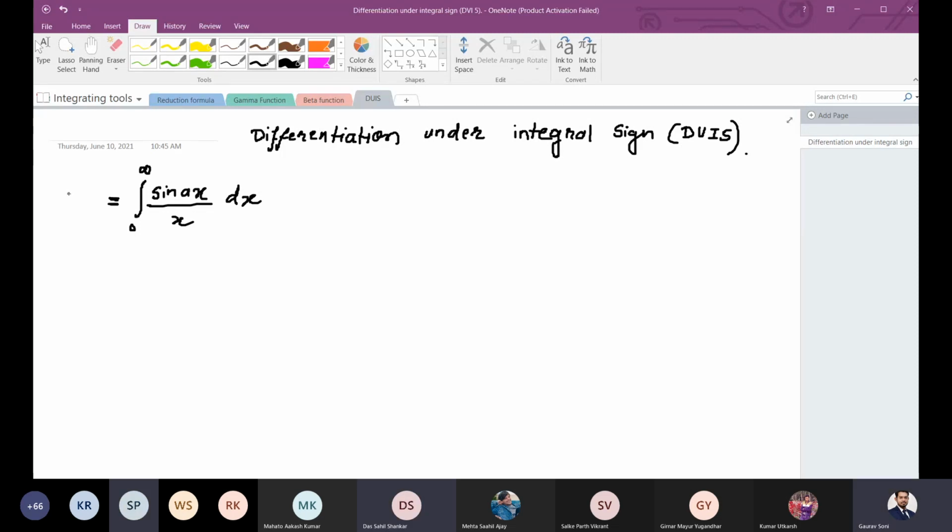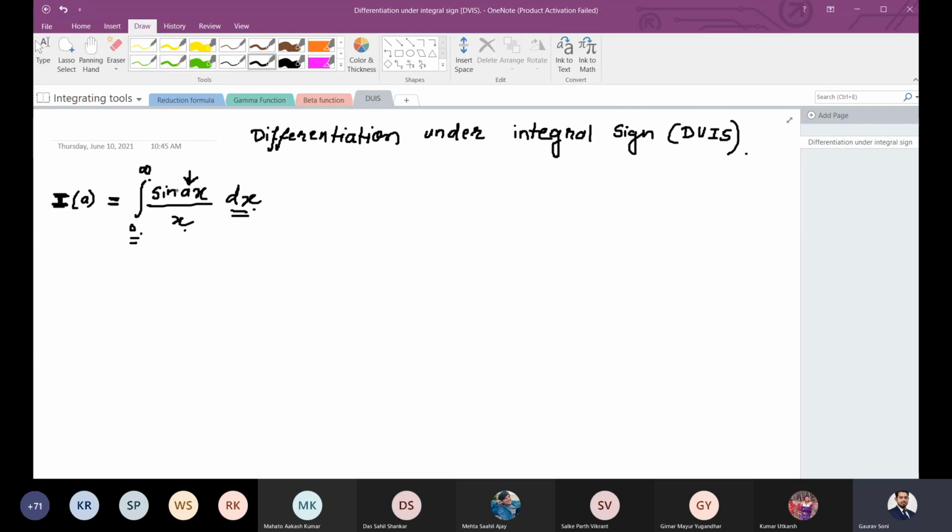No, sir, that will be a function in terms of a. So integration is with respect to x. Limits are going to be for the x. Whatever answer you will get, that will be in terms of this a. Okay, so that's why I of a is equal to integral 0 to infinity sine of ax upon x dx.